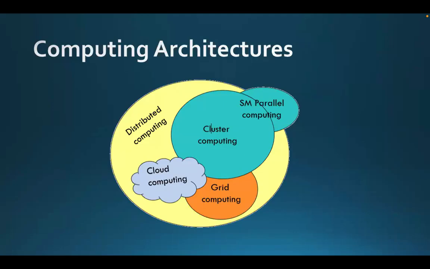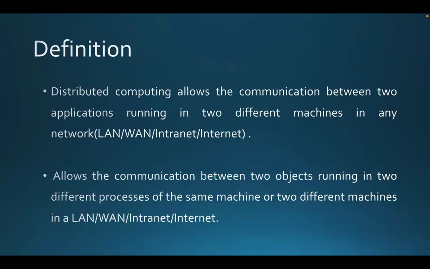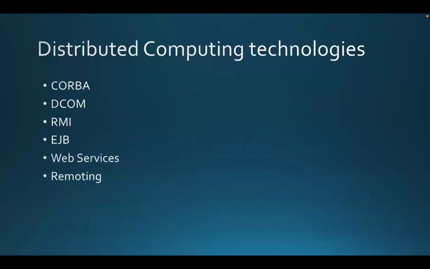We have different computing architectures like distributed, cloud, grid, and cluster. Among these we are using distributed computing. This is the definition: distributed computing allows two applications on two devices to communicate and share information.